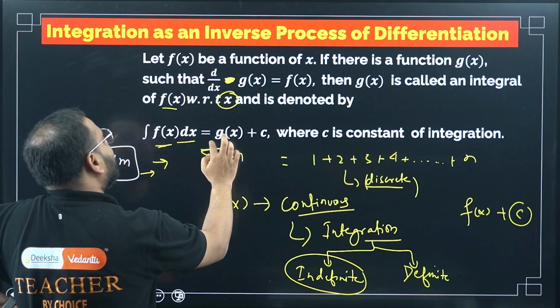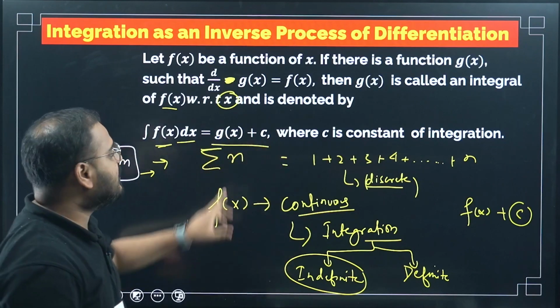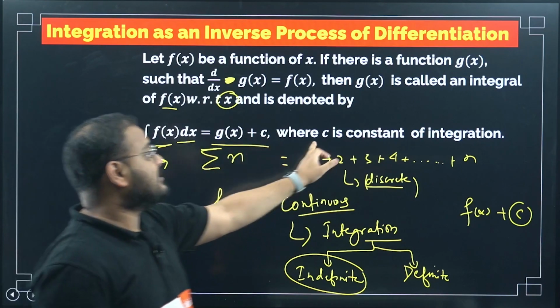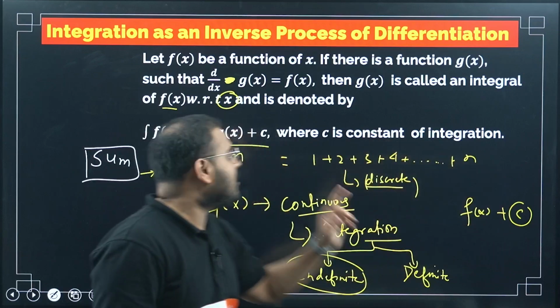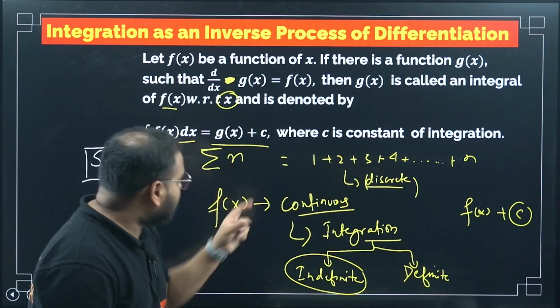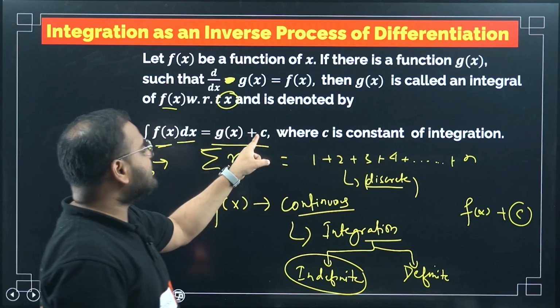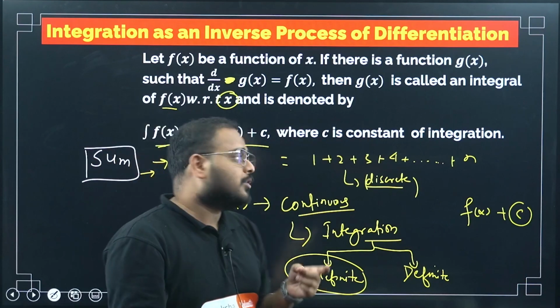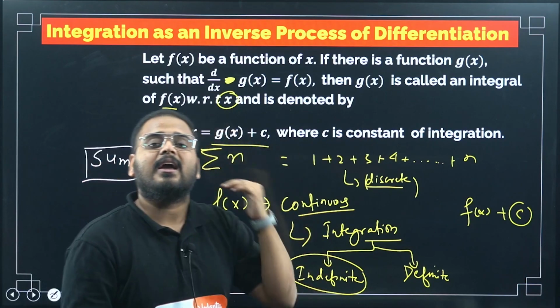Then what do I get? I get g(x) plus c, where c is the constant of integration. Because of this c value, this c is a constant and can be any number. In different situations, this c can be any number.